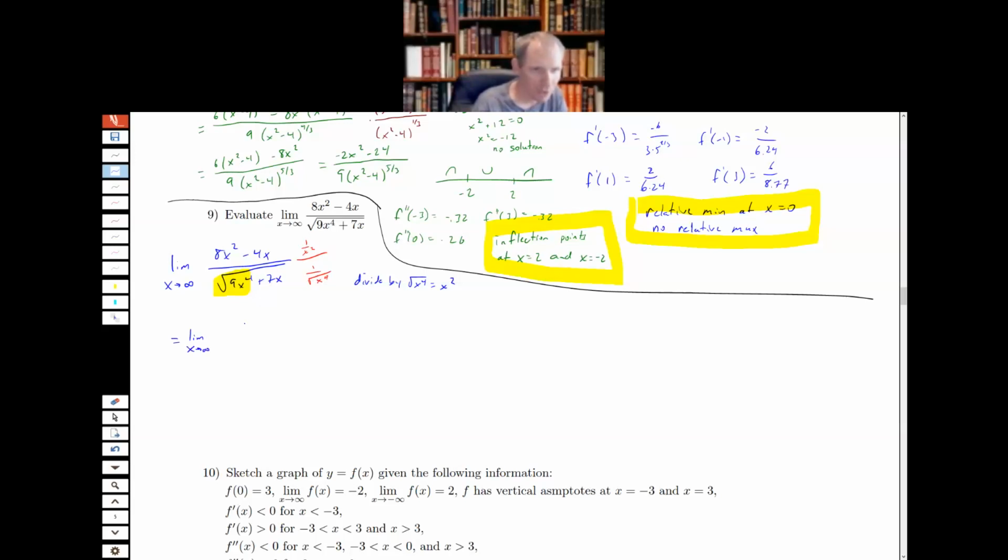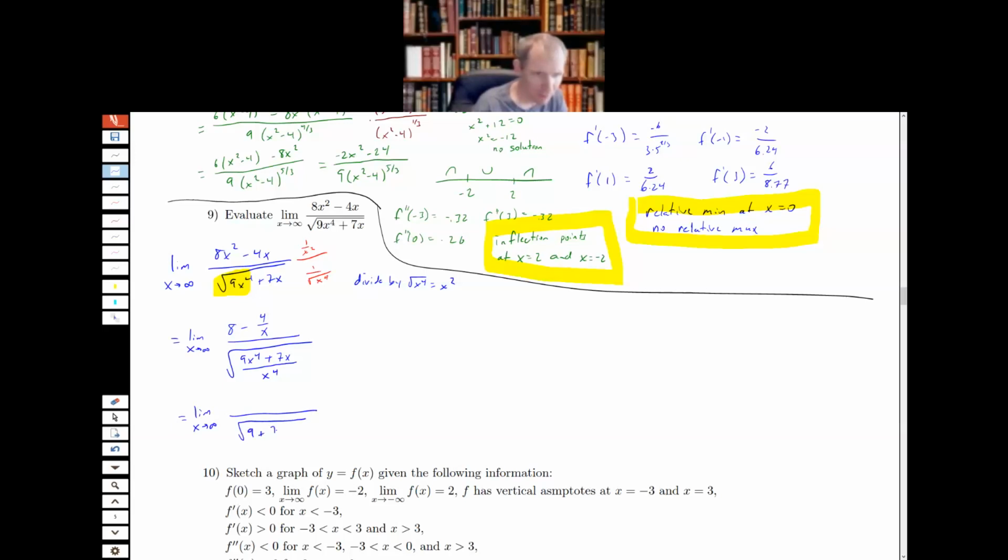Okay, so when I distribute this into the numerator, I'm going to get 8 minus 4 over x. And the denominator, a square root over a square root, I can combine into one big square root. Okay, and then inside that square root, I'm going to split the fractions up.